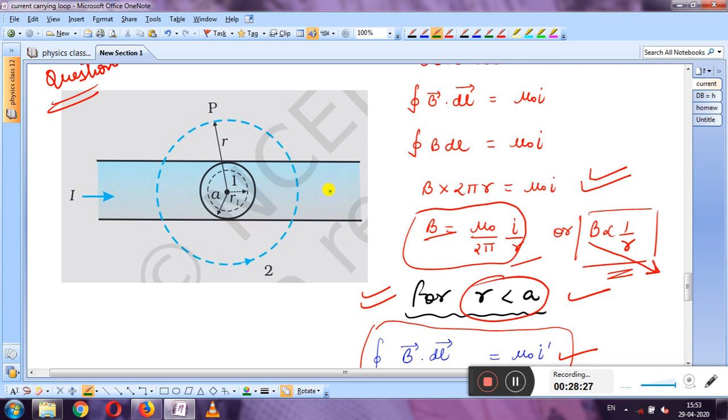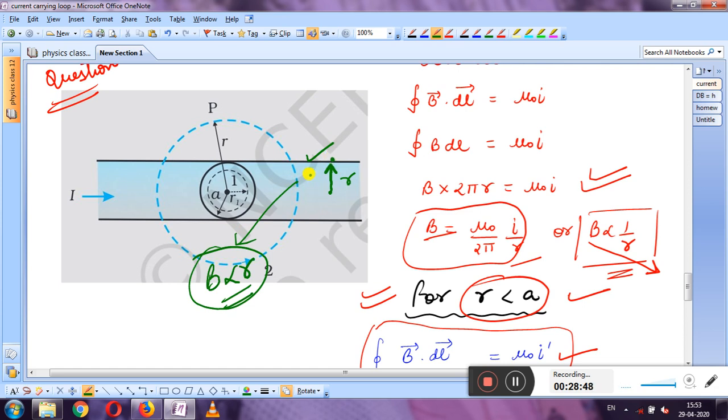From the center of the wire you are moving towards the edge or the surface of the wire. Then because inside we have seen B will be proportional to r, that means if the distance r is increasing then the magnetic field will also increase and it will be maximum on the surface, right?